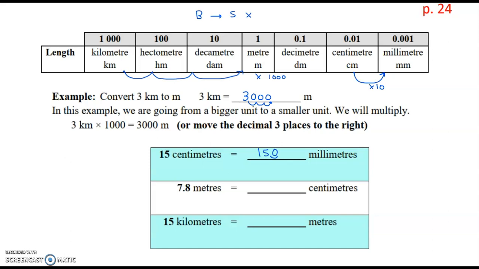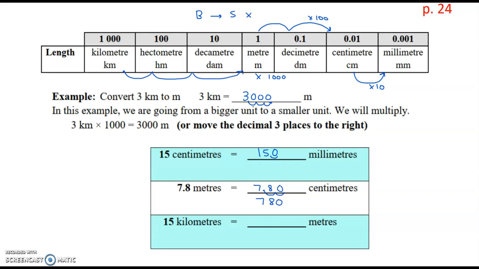If I want to move from meters to centimeters, I'm going to be moving 2 places to the right, so that is multiplying by 100. But I can take my decimal 7.8, and I can move 2 places to the right and fill in with zeros. This is equal to 780 centimeters.